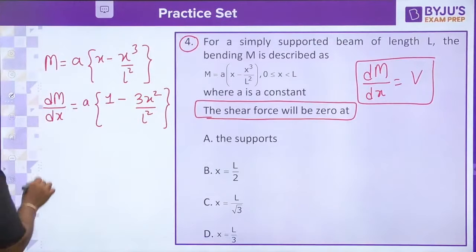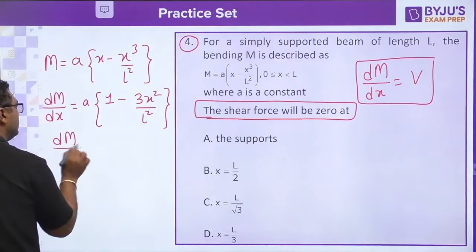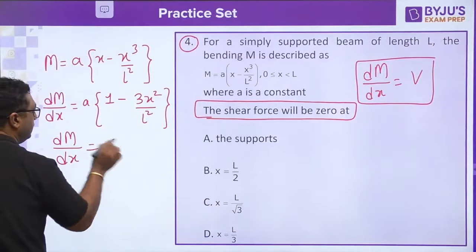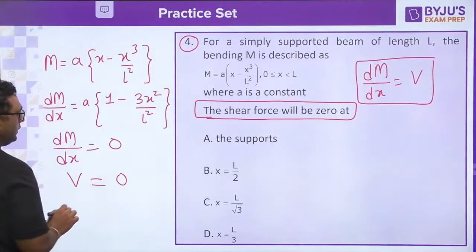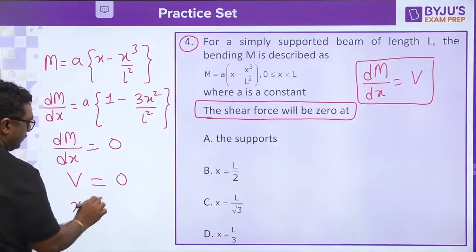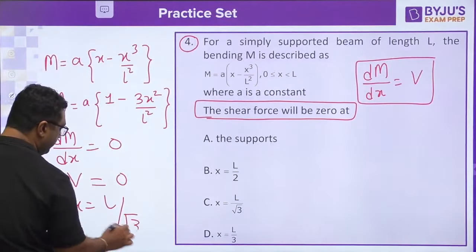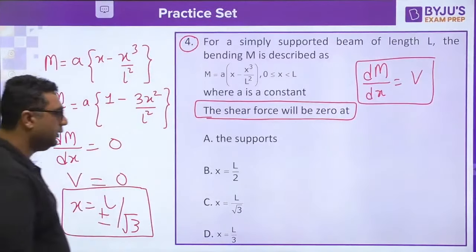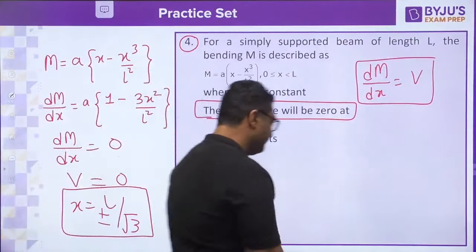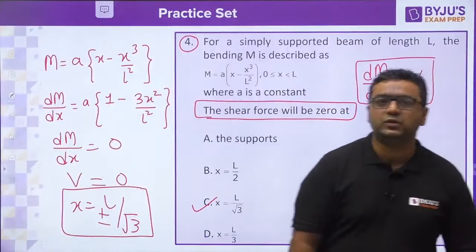When you put dM by dx equal to 0, so this is shear force 0, you will get x is equal to L by root 3, plus or minus. C will be the answer.